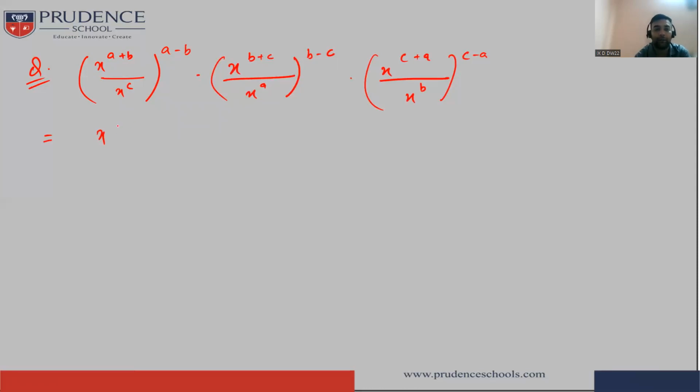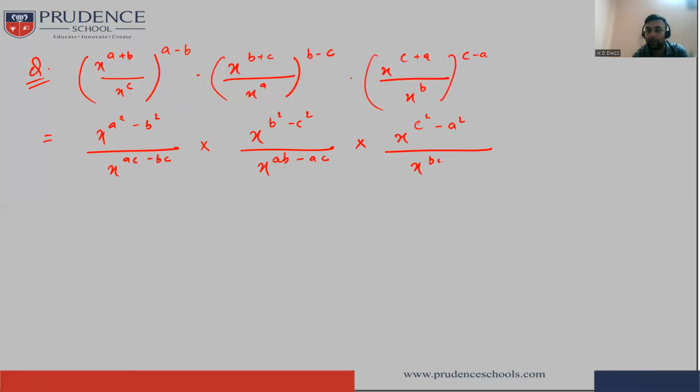You can apply the identity a plus b into a minus b is a square minus b square, divided by x raised to power ac minus bc. Then multiplied by x raised to power b square minus c square upon x raised to power ab minus ac, multiplied by x raised to power c square minus a square divided by x raised to power bc minus ab.